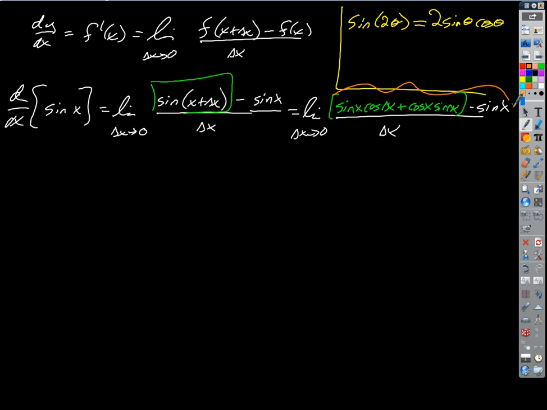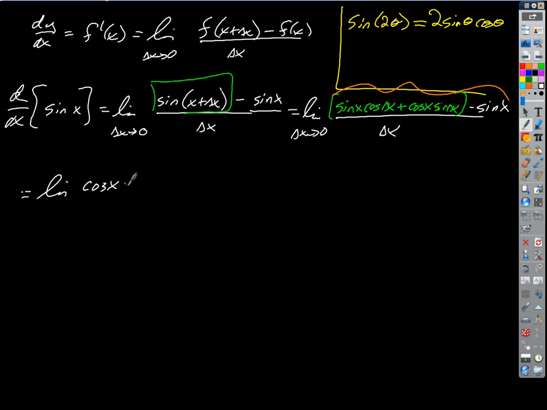Okay, so there are a couple terms that have sine x's in them, right? So how about if we regroup these? So let's write this maybe as the limit of, let's go ahead, the first term and the third term both have sine x's. So let's go ahead and write this middle term first.